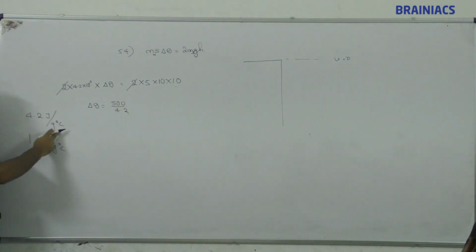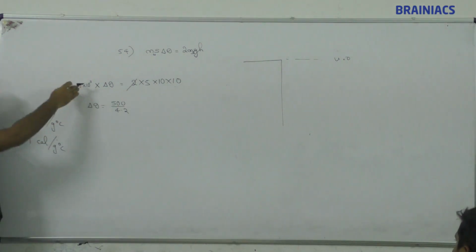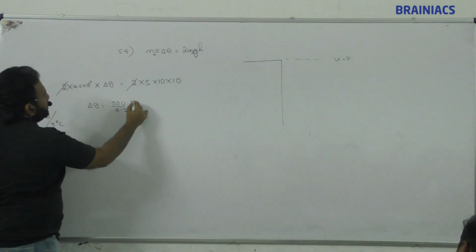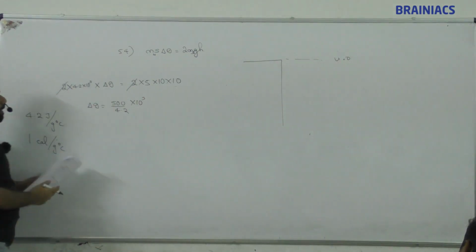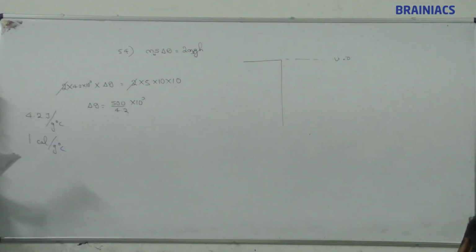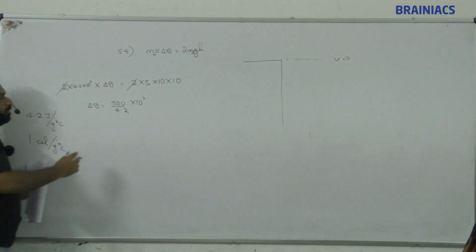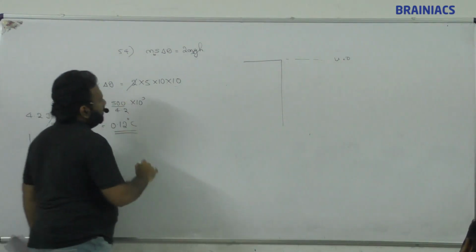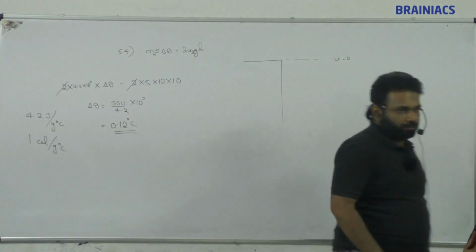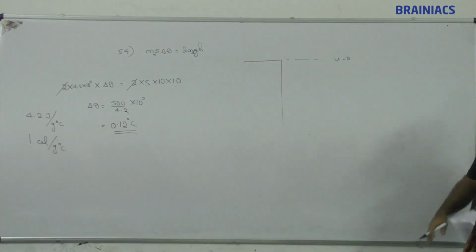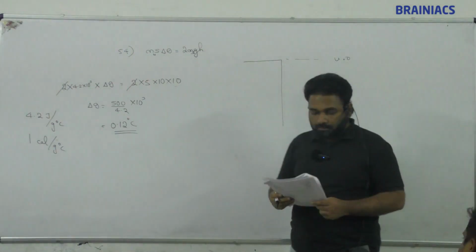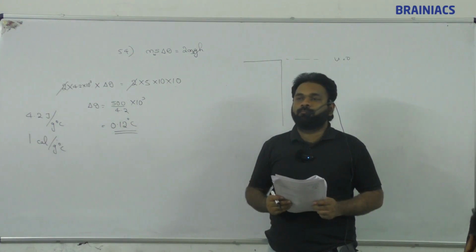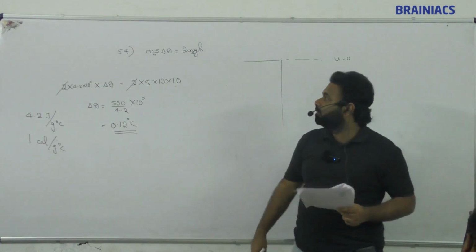Here 10 raised to minus 3 will come in the denominator. So in the numerator, 4.2 into 10 raised to 3 will come. How much? 0.12 degrees Celsius. If it is a difference, it is degree Kelvin also, the same. Clear? Any doubt in this?